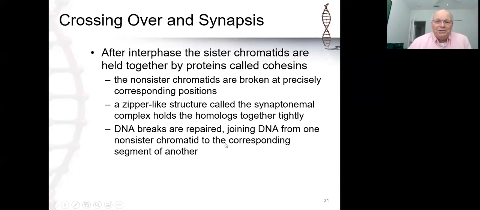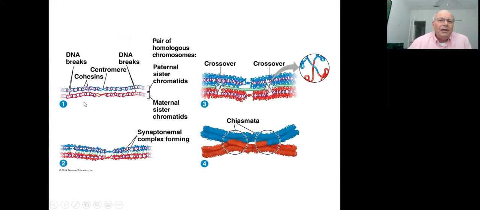When we take a look inside the synaptonemal complex, what we see is that there is not just a protein complex connection, but there can be a direct DNA to DNA connection between the two non-sister chromatids, so that not only do you have proteins holding them together, you actually have links to the two DNA molecules, so that there is a cross-link, what we refer to as a crossover, between the two DNA molecules that represent the two non-sister chromatids.